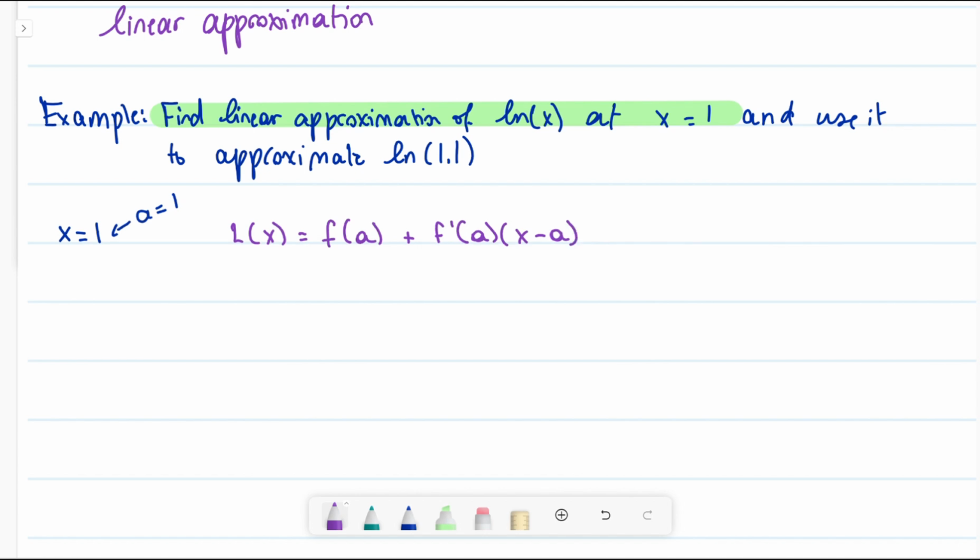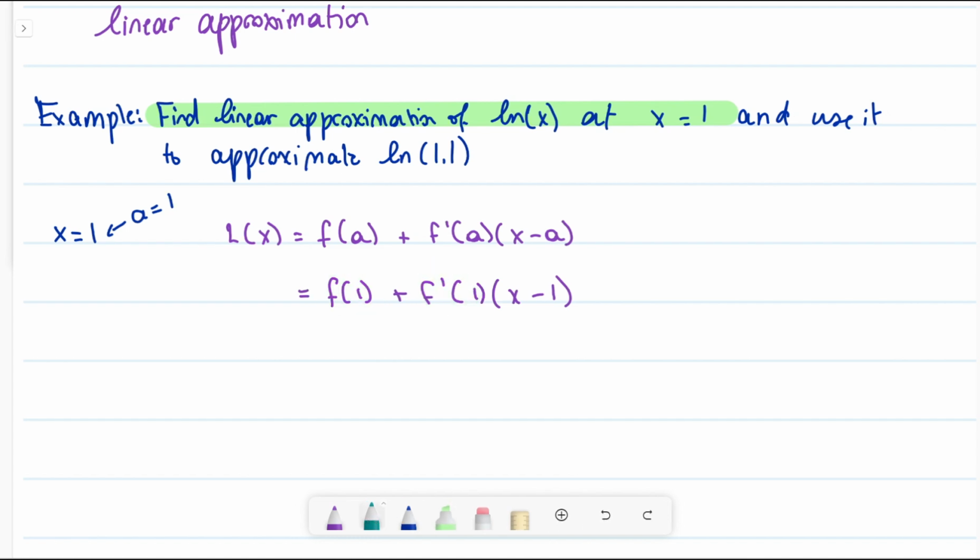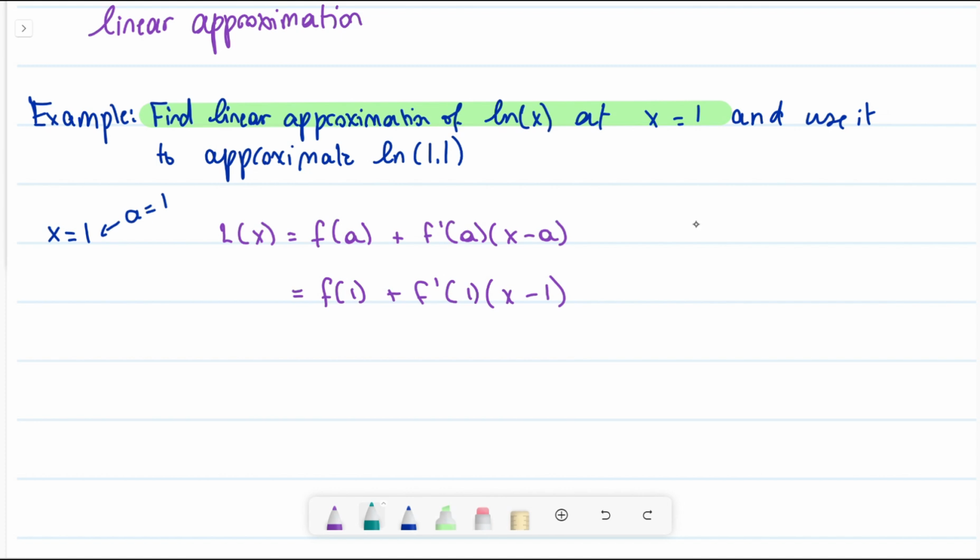And now we agreed that a is 1, so I can rewrite this as f of 1 plus f prime of 1 times x minus 1. Now what's left for me to do is to find f of 1 and f prime of 1. So let's find this on the side. If f of x equals ln of x, so f of 1 equals ln of 1.